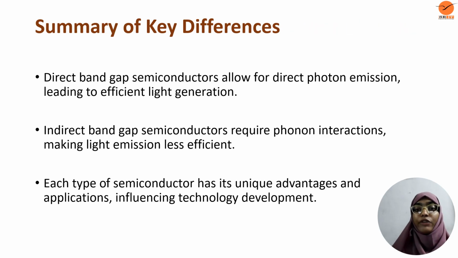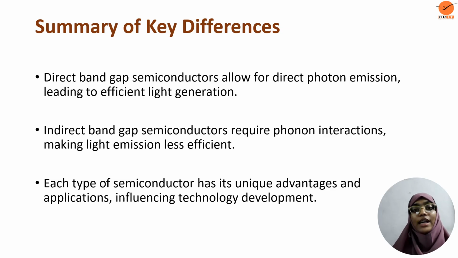And the key difference between these semiconductors is that direct band gap semiconductors allow for direct photon emission, leading to efficient light generation. Indirect band gap semiconductors require phonon interactions, making light emission less effective.